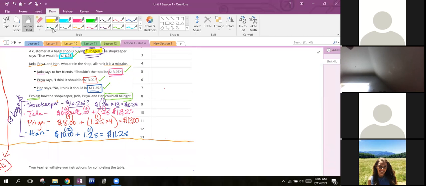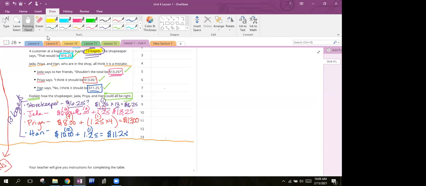Okay, so if we go to a place that has bagels, Starbucks has bagels, we want to know that every time we go in there and buy 13 bagels, we're going to be paying the same exact price every time. We don't want to go in there sometimes and spend $16 for 13 bagels, or another time spend $11 on bagels. We want to consistently pay the same price.